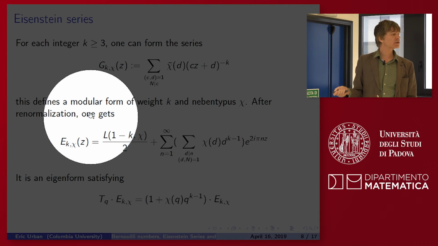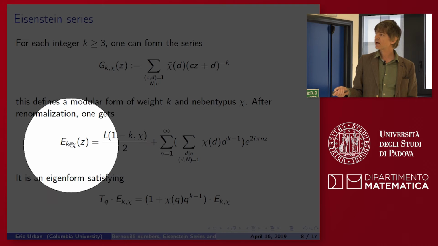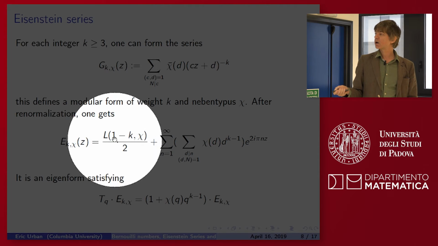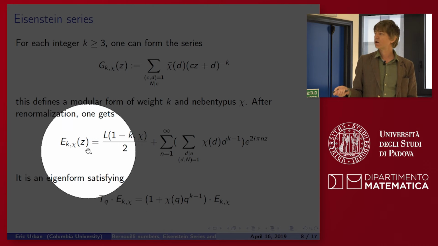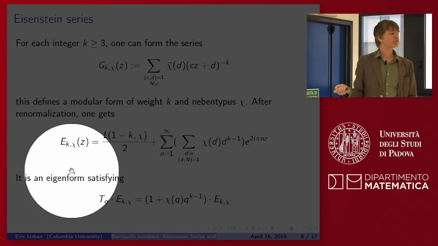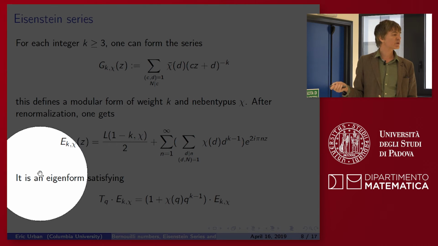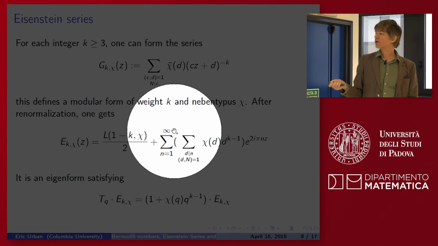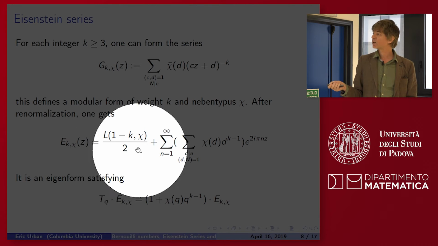But on the other hand, if p divides this number, then modulo p, this Fourier expansion looks like a cusp form. And so this is the main idea of Ribet: if p divides this L value, or if p divides the Bernoulli number, then the Eisenstein series looks like a cusp form, so therefore there is a congruence between an Eisenstein series and a cusp form.